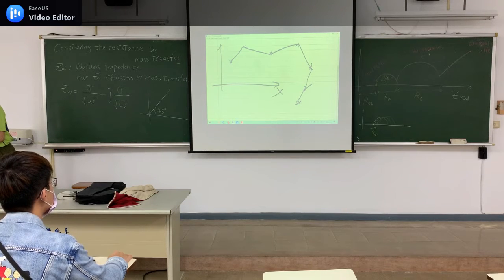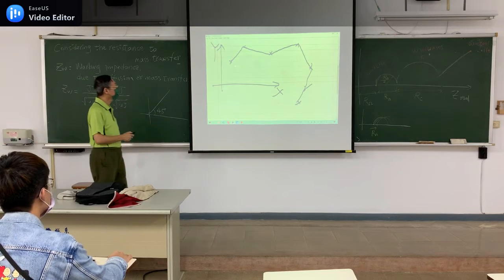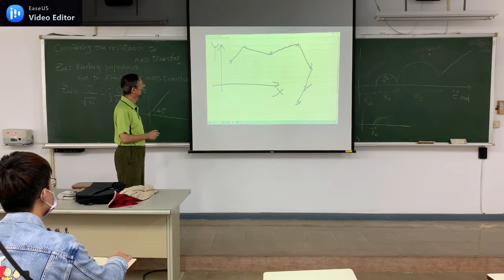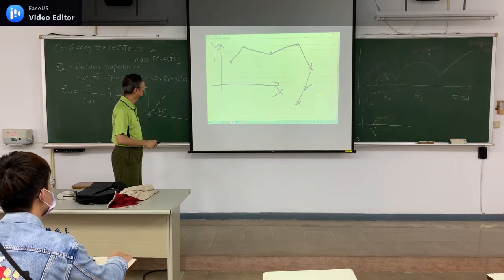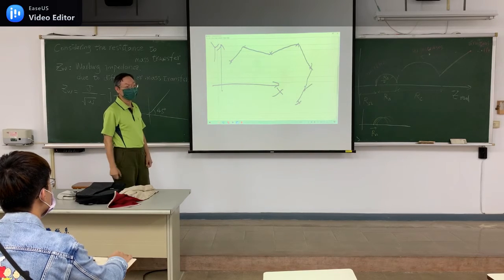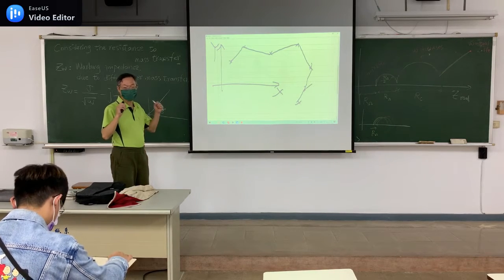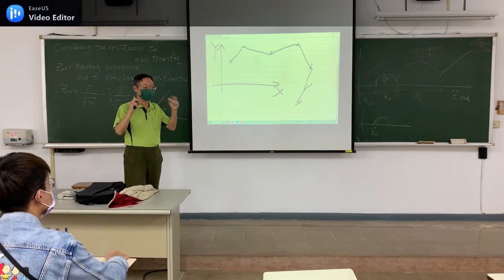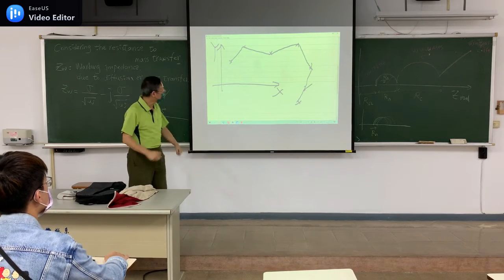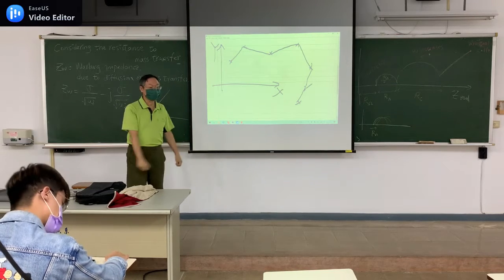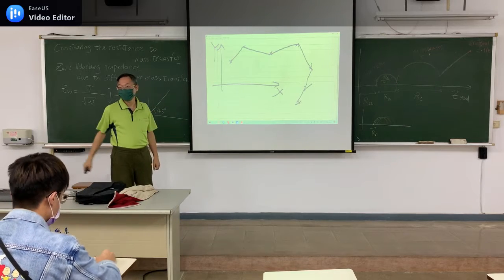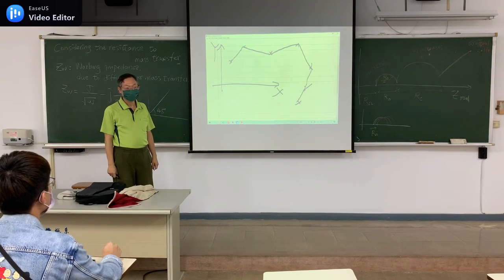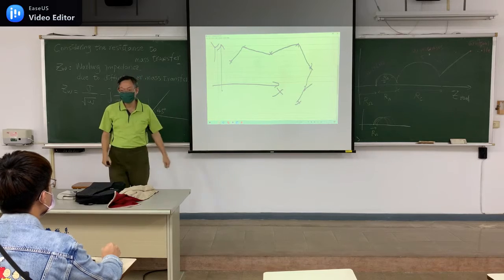For example, suppose this is a two-axis machine. Once you have the velocity along the curve, you can have the command for the x axis or y axis. Then you can provide this command to the machine, and the machine will follow this curve. Okay, this is the general idea.